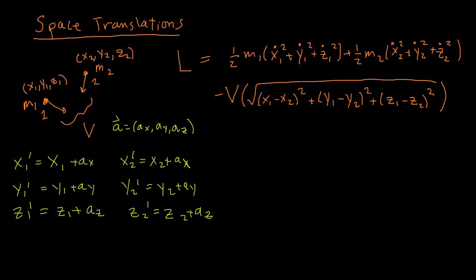All right, now the next thing we want to do is show that L equals L prime. L is our Lagrangian when we use our regular coordinates, x1, y1, z1, x2, y2, and z2. And L prime is when we instead use our primed coordinates, x1 prime, y1 prime, z1 prime, x2 prime, y2 prime, z2 prime.